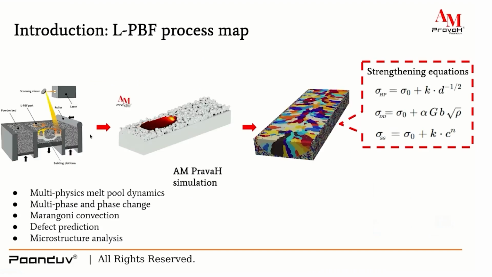Now LPBF. Here is a schematic diagram where we have the powder bed on which the metal powder is filled. Then we have a substrate here, over which the laser provides the heat source to melt this metal powder, and time after time, further metal powder is supplied by the roller or slider over it.